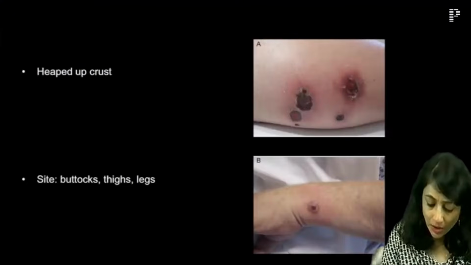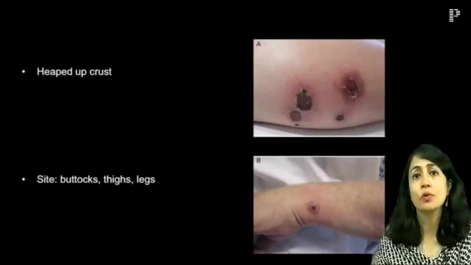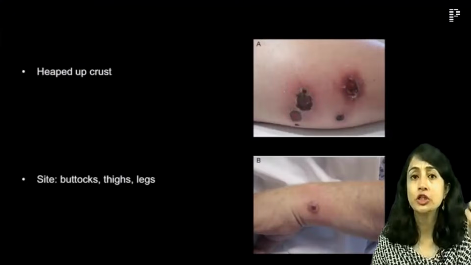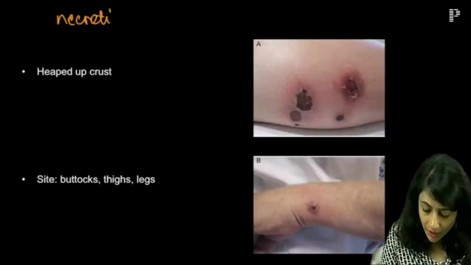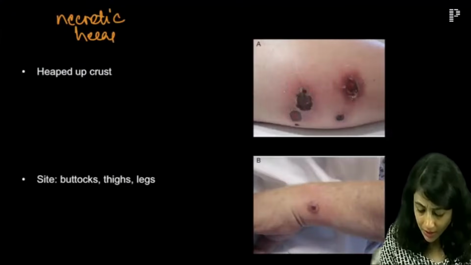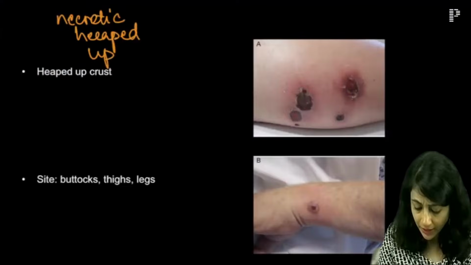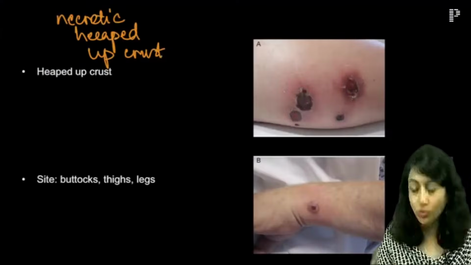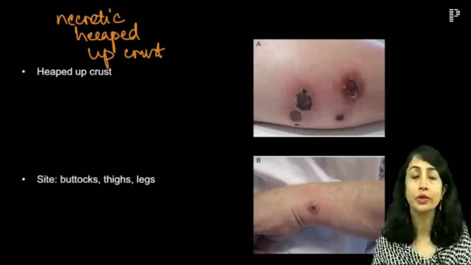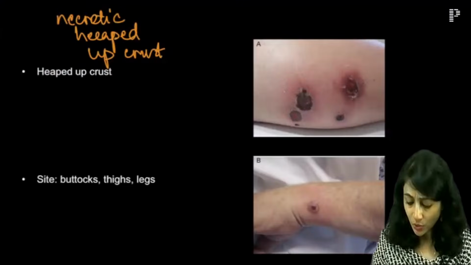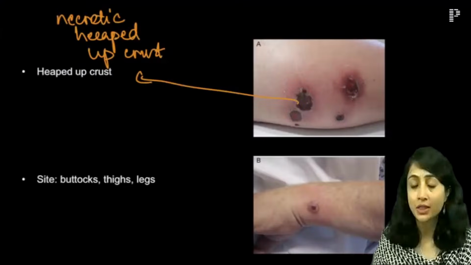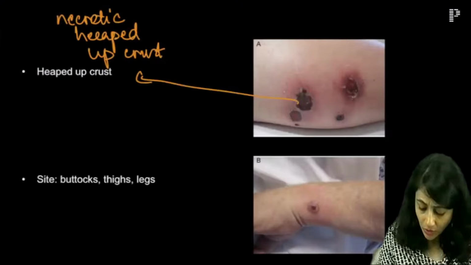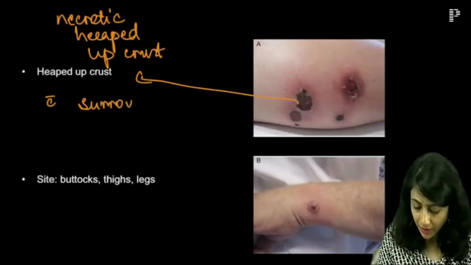Ecthyma will start with a small papule and pustule which burst to form necrotic heaped up crusts. So typically, patient will have one or two of these lesions on buttocks, on thighs, on legs, and this will have this necrotic heaped up crust with some surrounding erythema, which is typical of ecthyma.